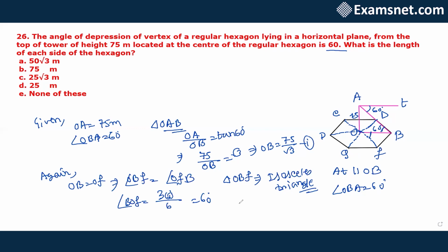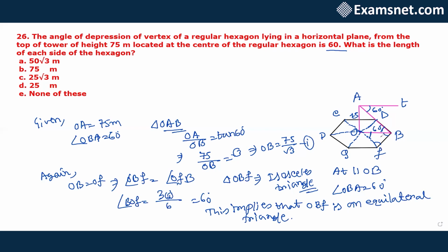Now this implies that OBF is an equilateral triangle, because we have already proved that the two base angles are equal and the third angle is 60°.